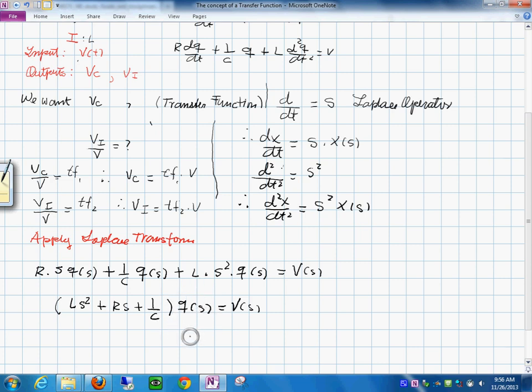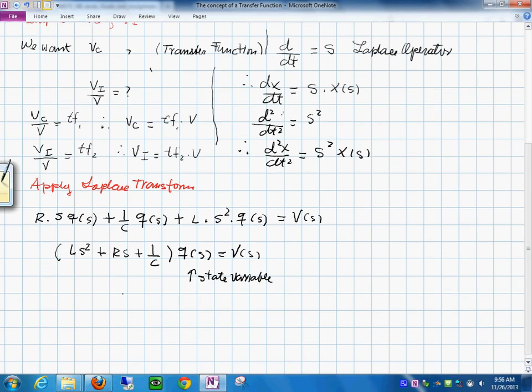This is a state variable. You could define the relationship of q of s with regard to the input like this.